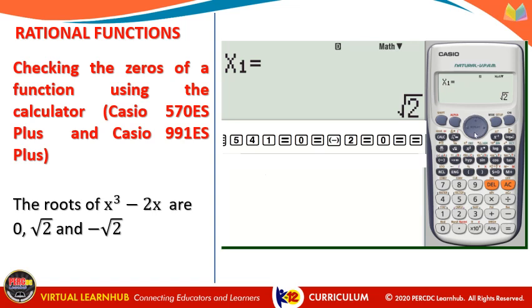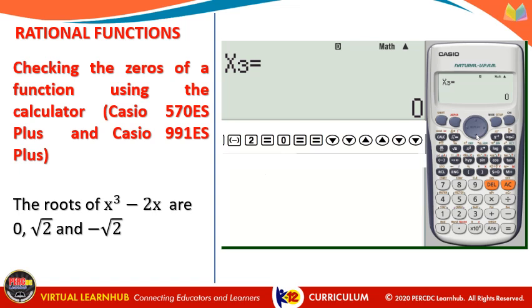You have square root of 2, and then negative square root of 2, and then 0. Again, if you want to get the other roots, pindutin nyo lang yung up and down arrow natin para mag-change yung display ng calculator at ipakita niya yung iba't ibang roots natin. So, yun. Using our calculator, na-confirm nga na ang roots ng x cubed minus 2x ay 0, square root of 2 at negative square root of 2.